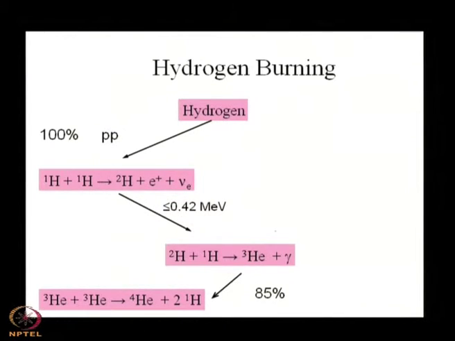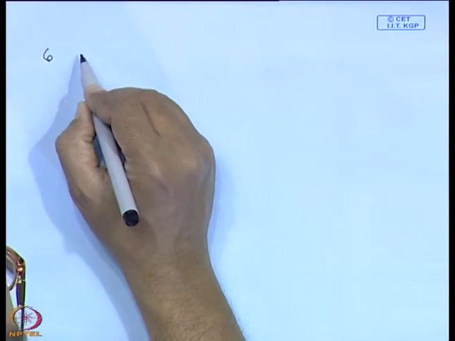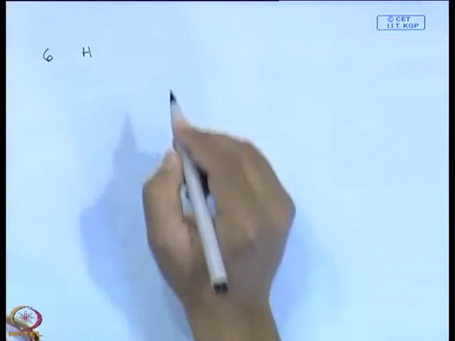So, the final outcome of this entire chain of reactions is that you have 2 hydrogen atoms, and then you have 3 hydrogen atoms. So, 3 protons, 3 hydrogen atoms, and you require 2 of these reactions. So, 6 hydrogen atoms.